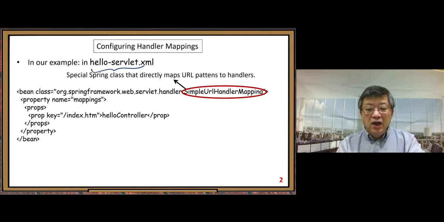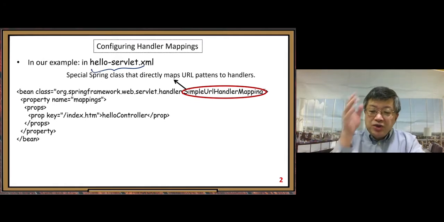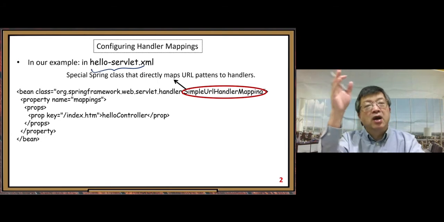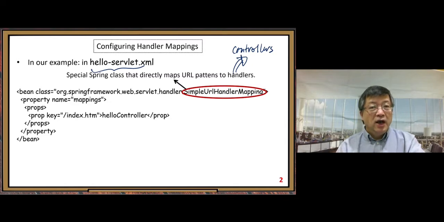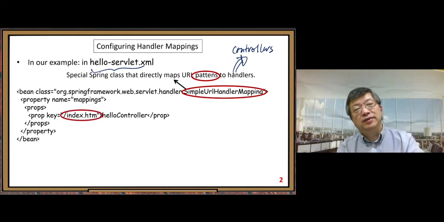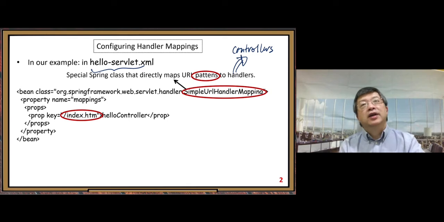So this class directly maps URL patterns to handlers. Handlers means controllers, another name for controllers. Here you see the detail. URL patterns, this part, URL pattern: /index.htm. Remember that part.